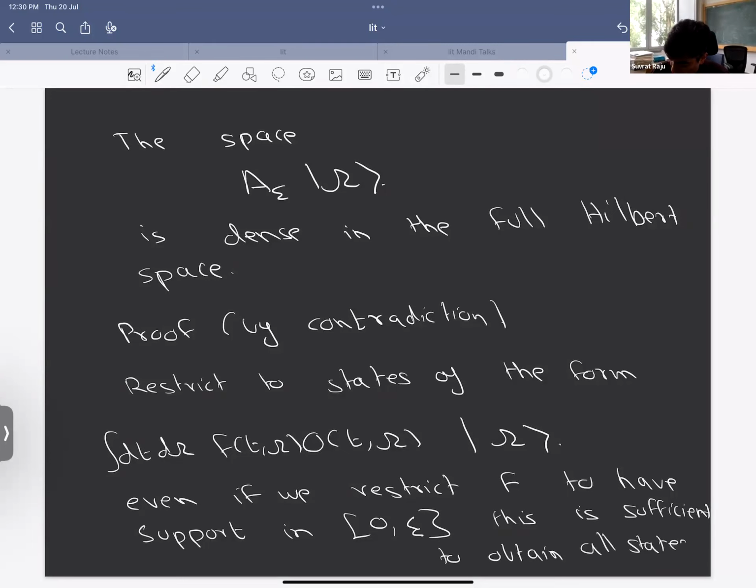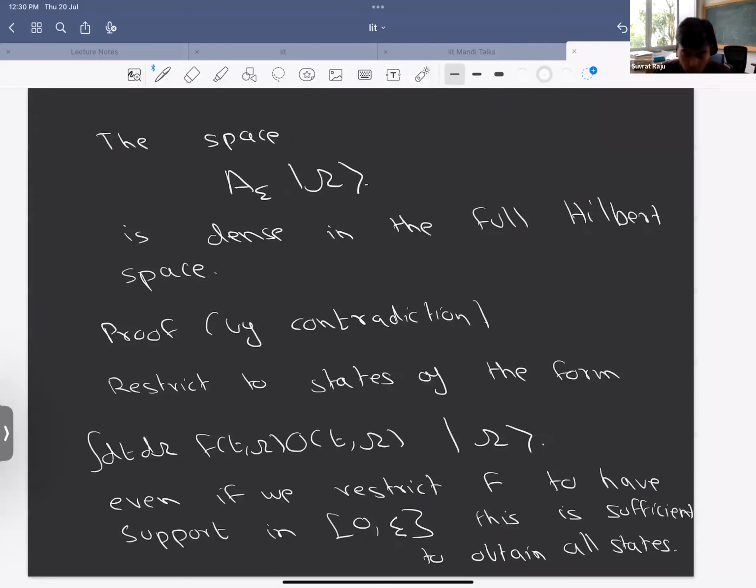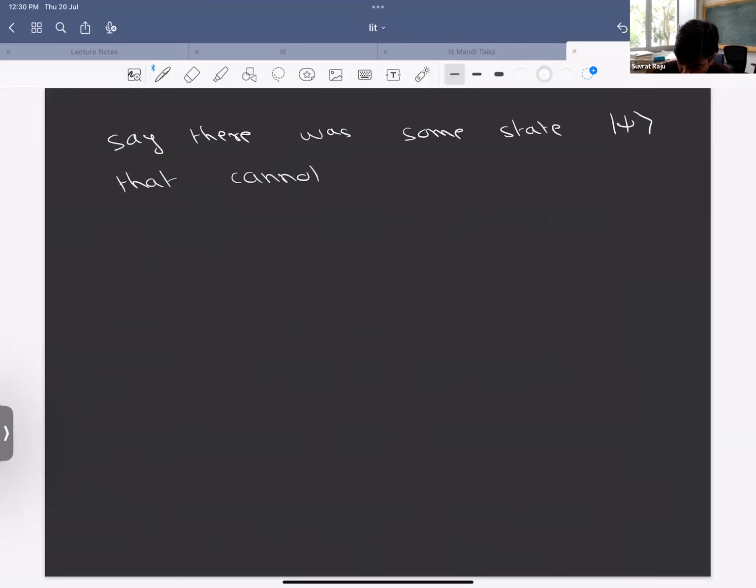Okay. So let me prove this. The proof goes by contradiction. Imagine there was some state psi that cannot be obtained in this manner.